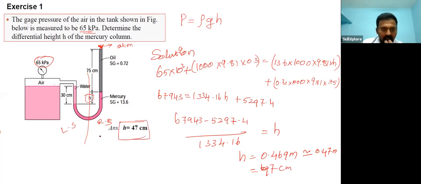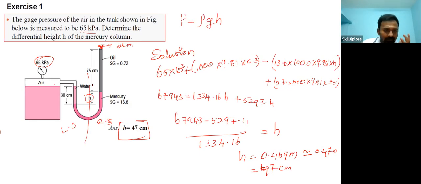Okay, and the easiest way to solve this problem is to just add the things which are on the right side. Add the values on the right side and equate them with the left side value. Okay, so you can easily calculate this value.